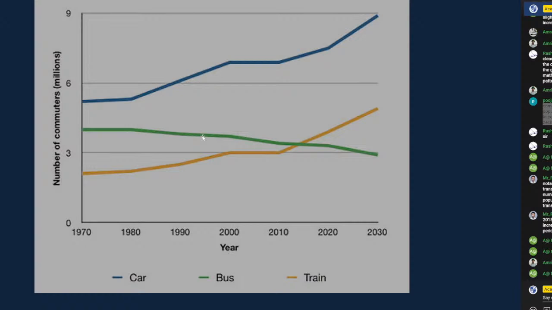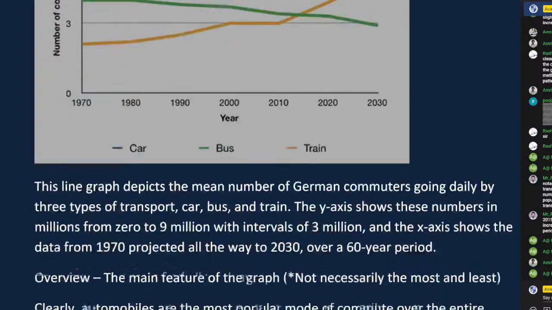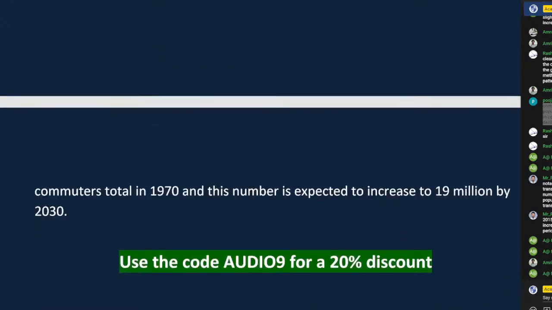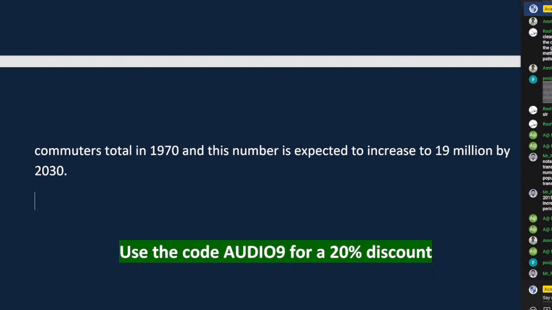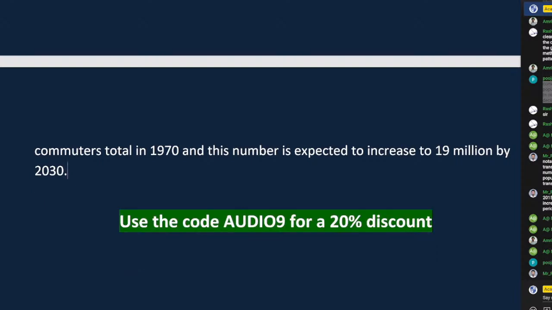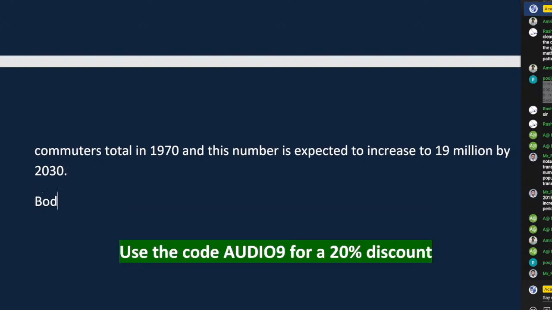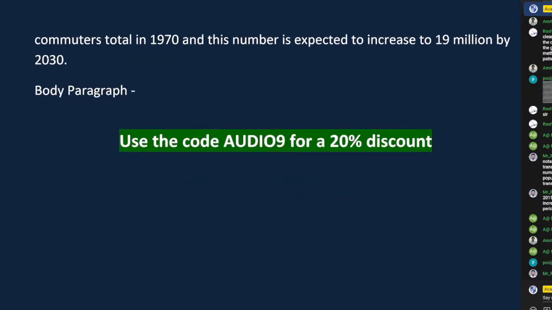Okay, so let's get into the analysis. Having said all this, the analysis are 4 to 5 key points from the line graph in order of most to least important, okay? So here, when we have our body paragraph, your body paragraph is basically your analyses, okay?